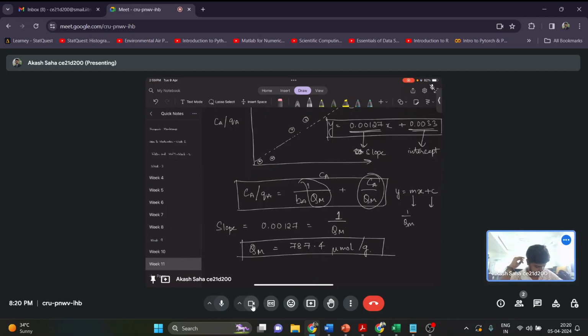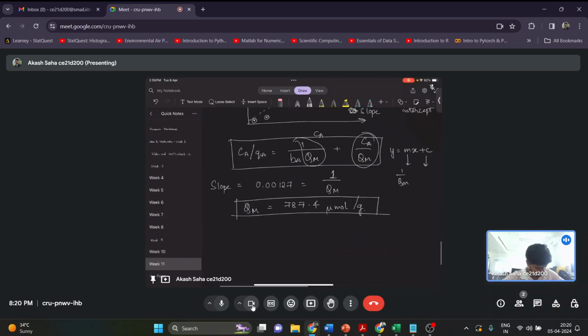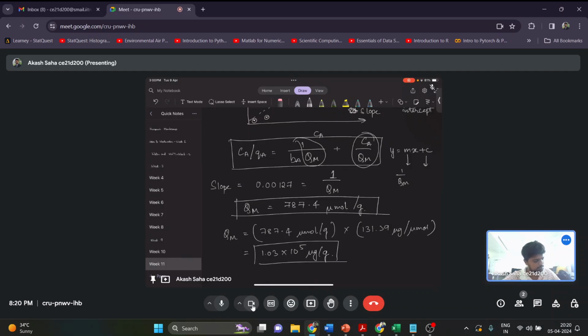Qm we can also write in terms of 787.4 per gram into 131.39 mu g per mu molar. So it will be 1.03 into 10 to the power 5 gram per gram. Fine. So we found Qm.